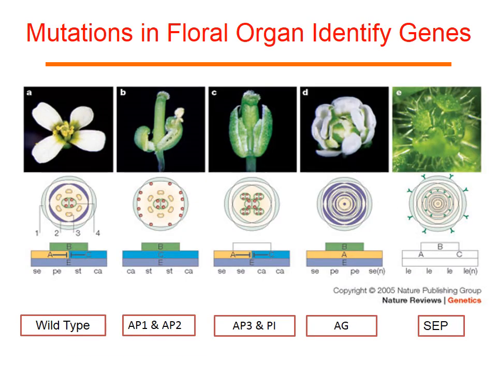To understand the function of a particular gene, either A, B, C, D or E, mutations were introduced in single genes. In the wild type, all the genes were functional, and here AP1 and AP2 were mutated, through which A was mutated.